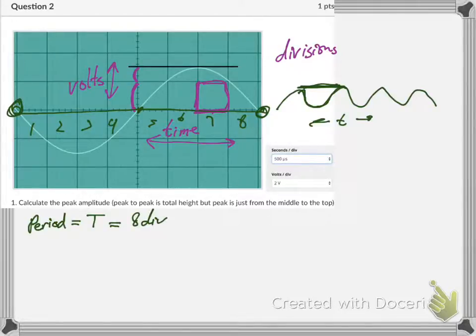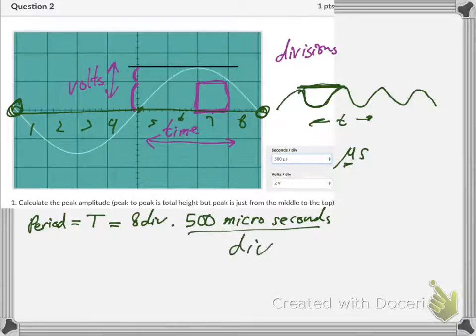But again, we're not done. So we need to multiply by 500 microseconds. That symbol is micro, so microseconds, per division. And the divisions cancel.